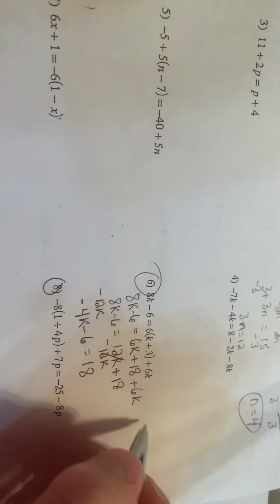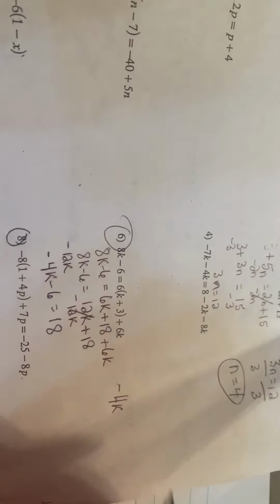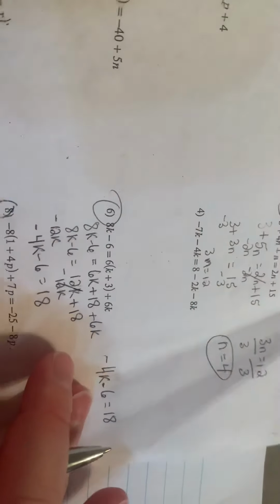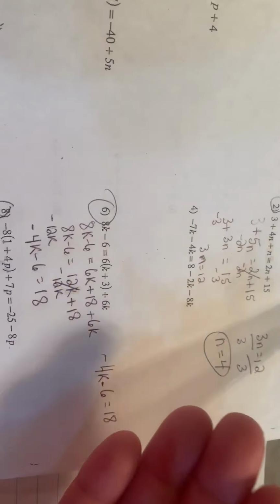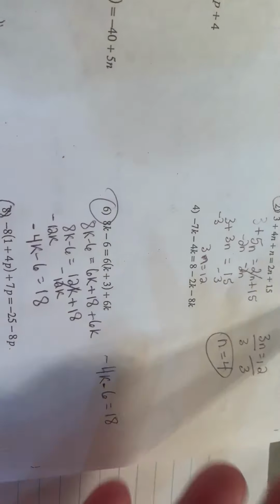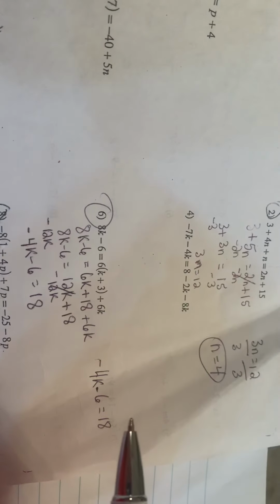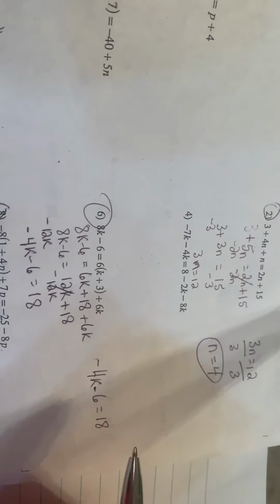So let me rewrite that up here so we got room to work. Okay, so I just rewrote that. Now I want to move. So this is where I know as you're doing these, and it's a little foreign to you, you want to just keep your main goals in mind. One of them is to get your variable over here, and now it's to isolate it. So we want to get rid of this negative 4 and this negative 6.